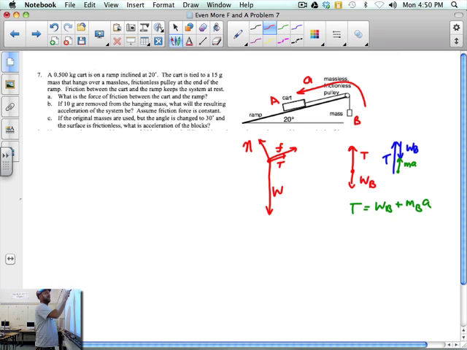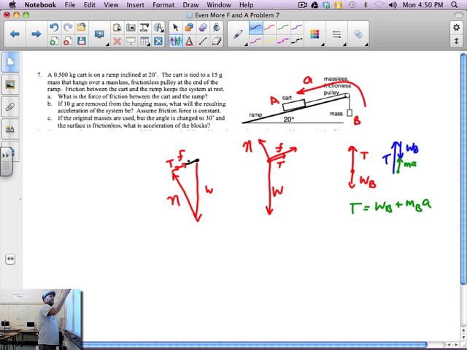Let me start with the weight. It's easier. Weight going down. And then I got normal force going up at an angle, right? And then I'm going to draw my tension really small and my friction really small, because that's the only way I'm going to have a net force. Normal. So my net force has to start here and there.